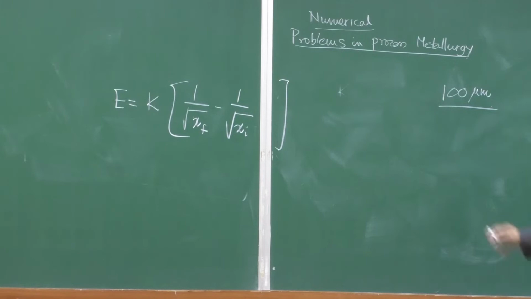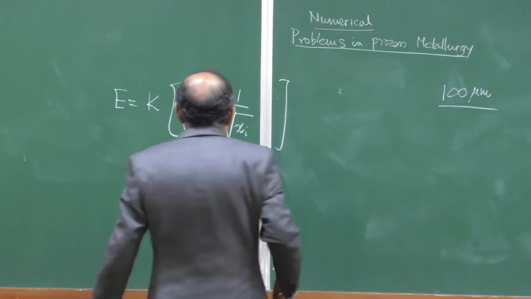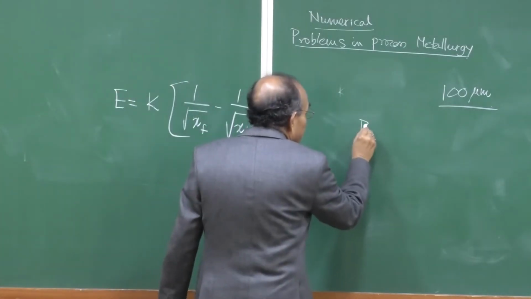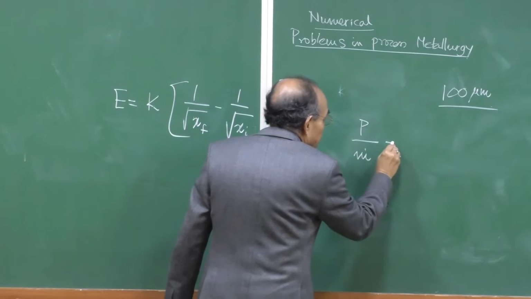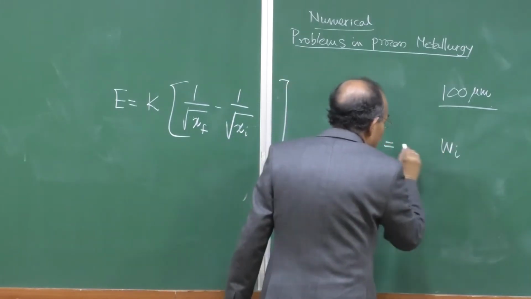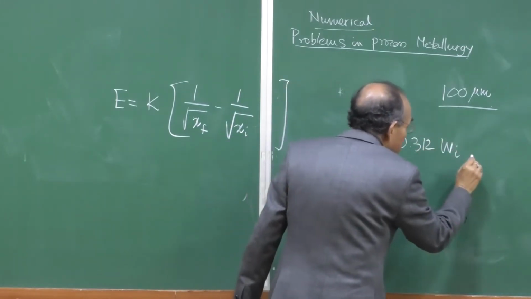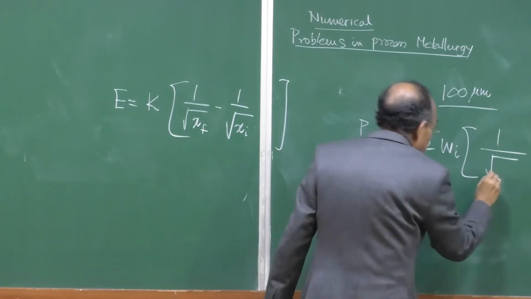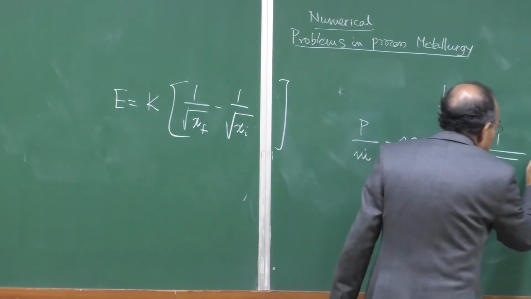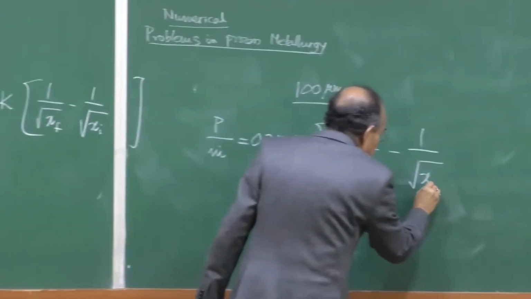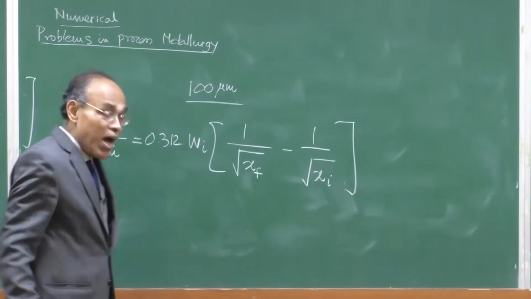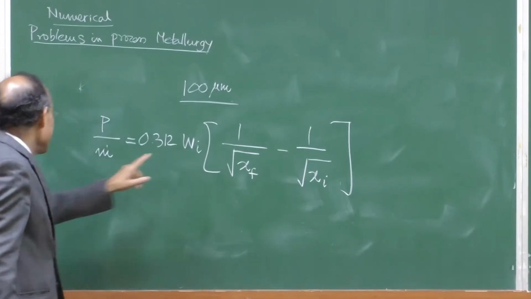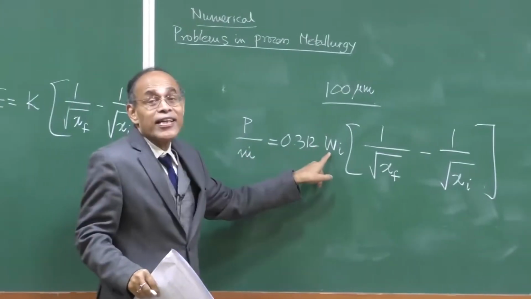So, it is based on that these parameters are determined, and this equation cast in a different way is given as the power divided by unit mass is equal to Wi times 0.312 times 1 divided by particle size final minus 1 divided by particle size initial, where you must understand that this Wi is related to K, and is called the work index.